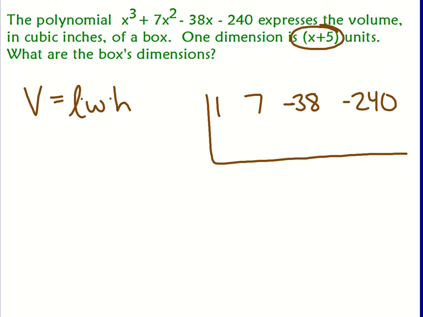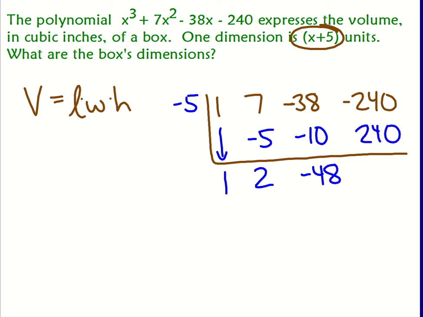It says that that is one dimension, which means that hopefully it should divide cleanly. So if x plus 5 equals 0, then negative 5 is the number that would go on the outside there. And I'll complete the synthetic division. So drop the 1 down, and then multiply, and add, multiply, and add, multiply, and add.